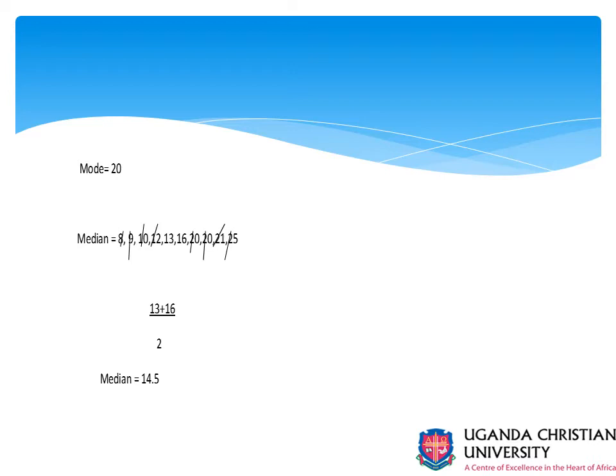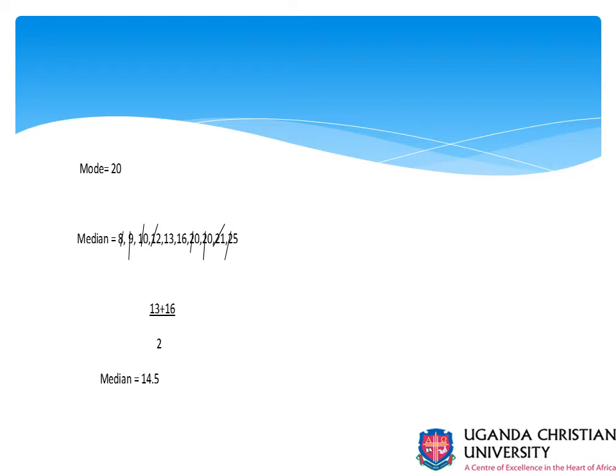If there are three, that is trimodal. If there are more than that, that is multimodal. However, in this particular example we can only see one mode. As you can see, 20 has been repeated twice, and yet the other observations appear once in your data set. So that gives us our mode as 20.